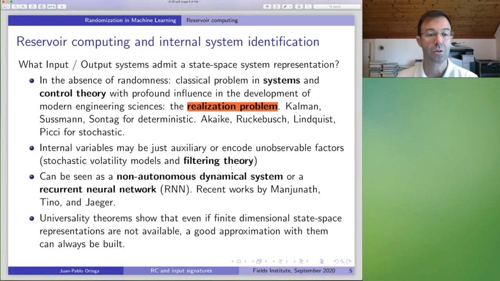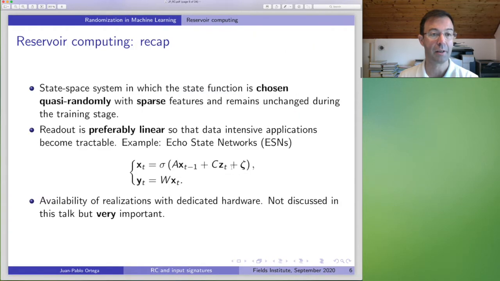Okay, so there is this, as European bureaucrats like to say, cross-fertilization between all these fields and all these ideas, and it is very interesting, I would say.